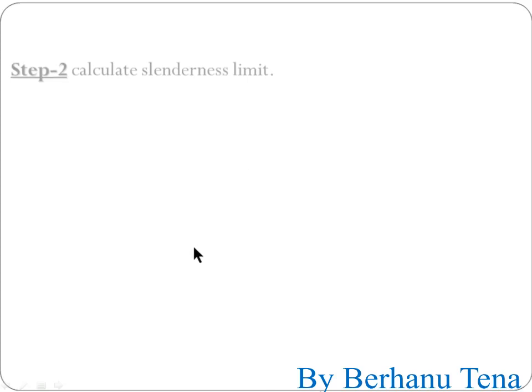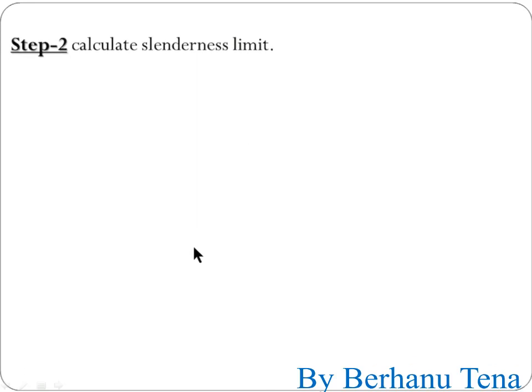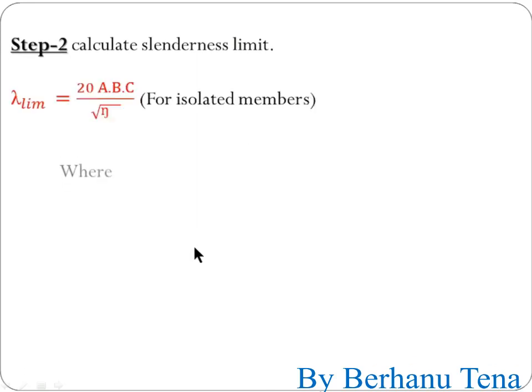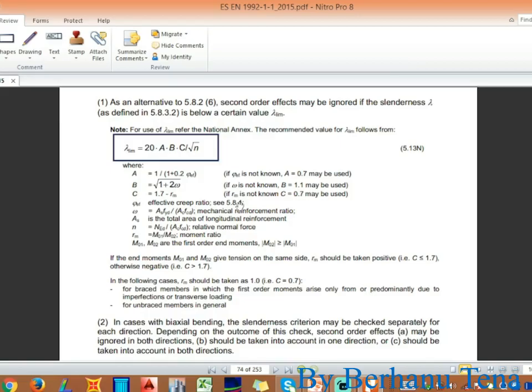On the second step, calculate the slenderness limit. The slenderness limit is provided by this formula for an isolated member. On our code, lambda limit is calculated by using this formula.